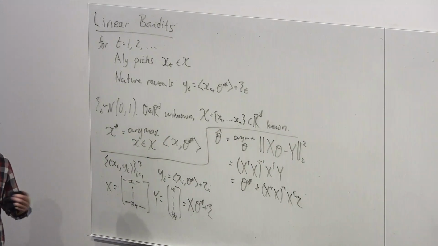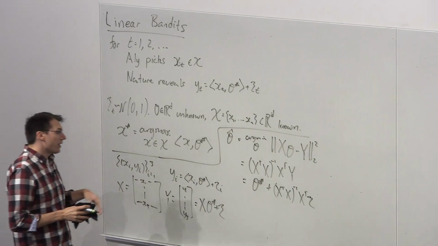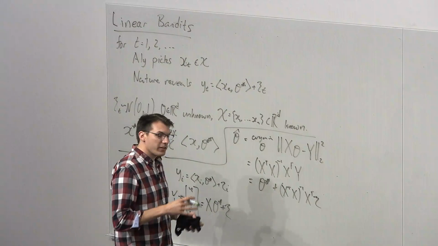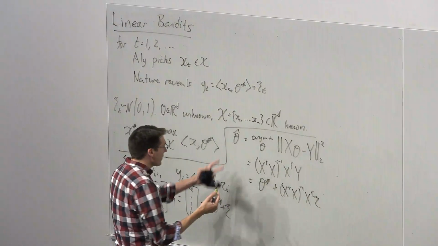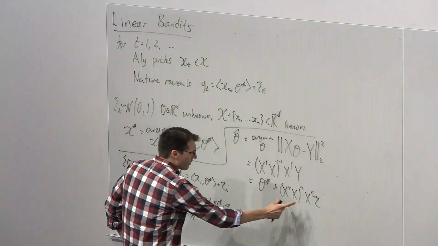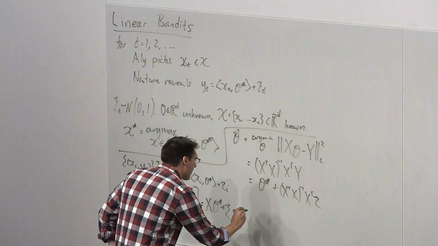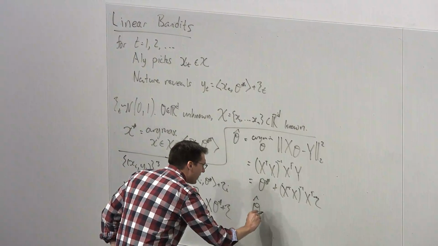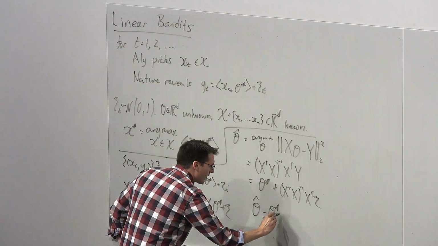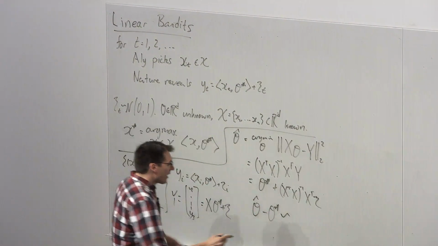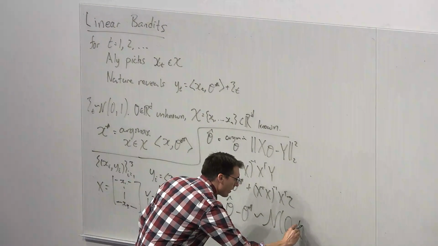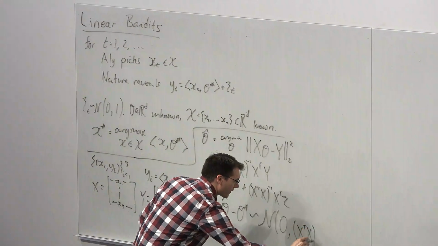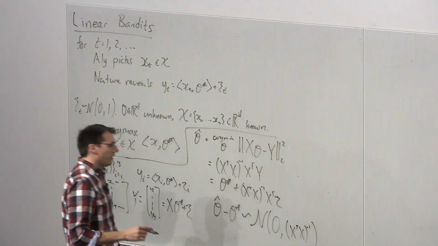Because eta is a Gaussian zero identity distributed vector, with independent components, we see that the covariance of theta hat is just going to be given by this matrix, like we did last time. So what we conclude is that theta hat minus theta star is drawn from a normal distribution of mean 0 with covariance X transpose X inverse.